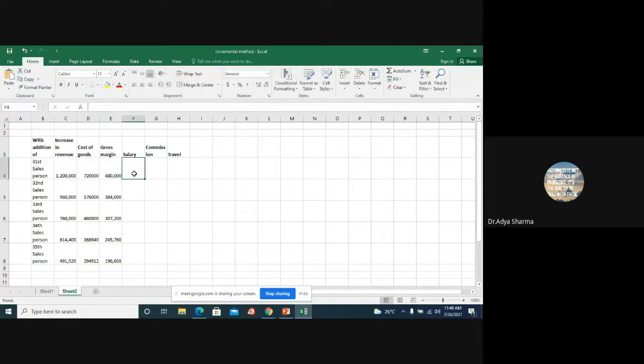So let me put those figures also. He is getting a salary of 1,20,000. He's getting a commission of 6%, if I'm not mistaken. And he's getting 6,000 per month for travel, right? So this is what the salesperson is getting.